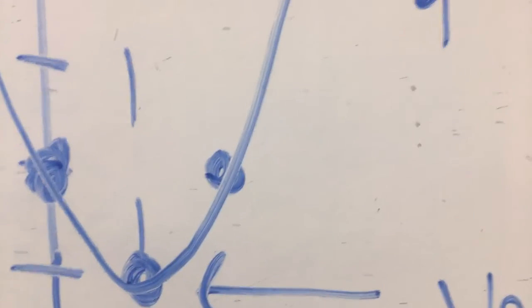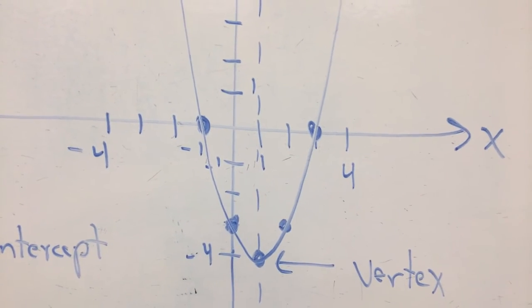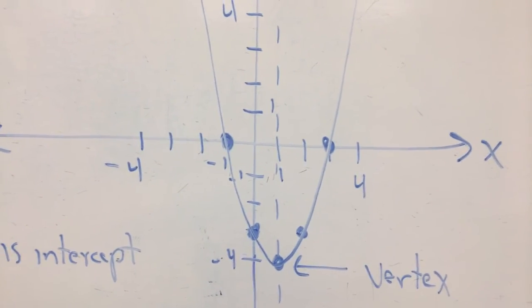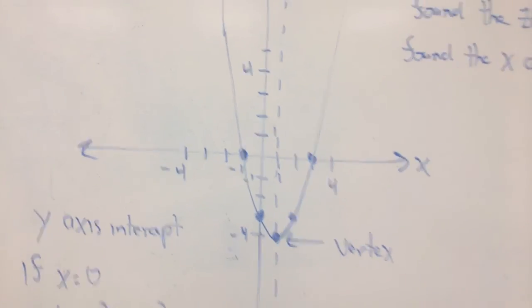So put that dot on your graph. Ta-da! Now remember, it's symmetric. You're 1 to the left. At the same y value, move 1 to the right. Put that dot there. Now you have 5 points. You can graph this parabola. What an awesome thing. All right, so more to follow on how to find a.